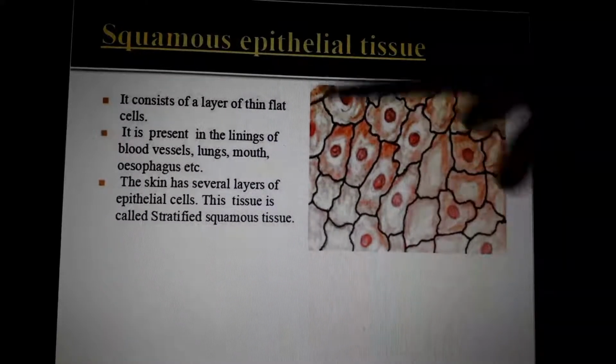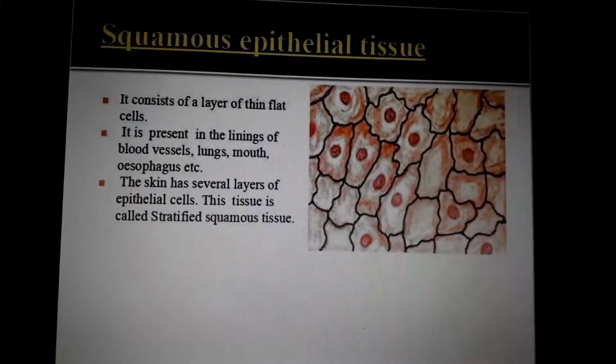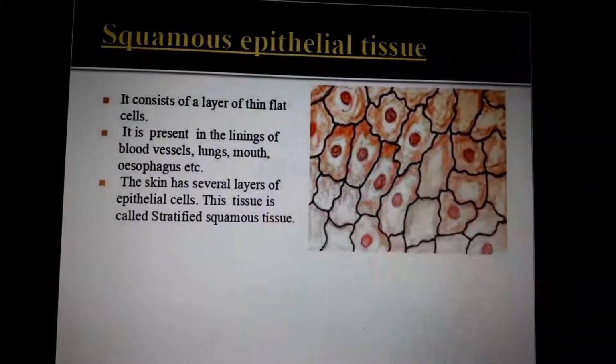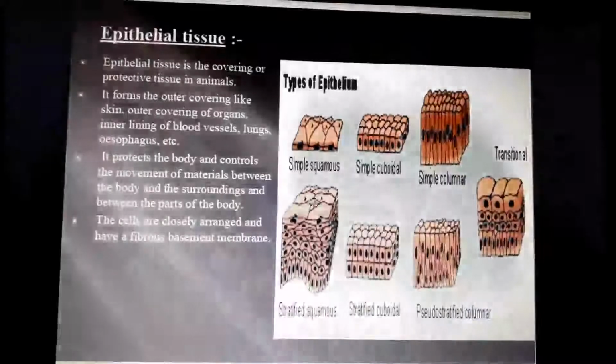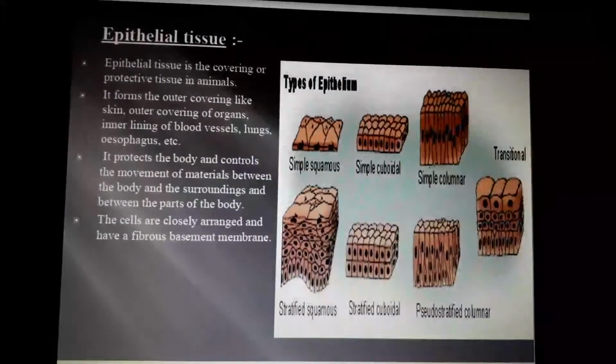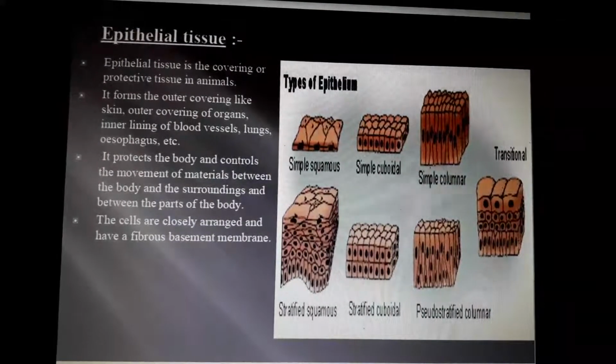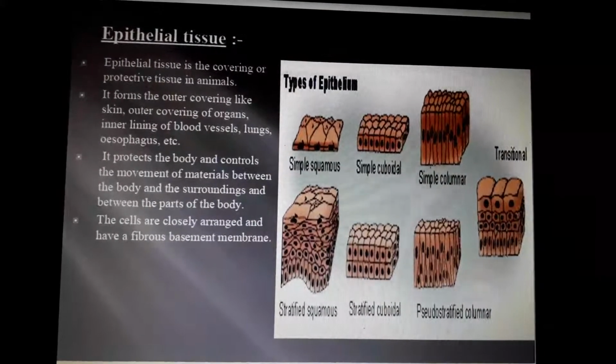Understand? Because it is simple squamous, a very thin layer. But in the case of our outer skin, it is stratified squamous. Stratified squamous means it is thicker, isn't it? That's why the strength of our skin is more than that of our mouth. Understood?